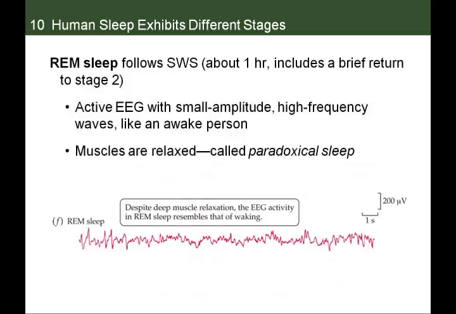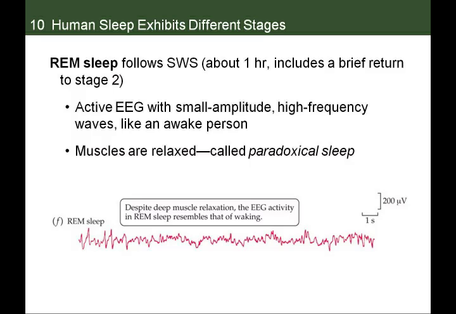Okay. So you have stages 1, 2, early 3, late 3, which is the slow wave sleep, which is about 1 hour. And then you return a little bit briefly to stage 2, and then something very interesting happens. And that is you get what's called rapid eye movement sleep, or REM sleep, where the EEG activations, just like you pointed out earlier, look very much as though the person is awake.